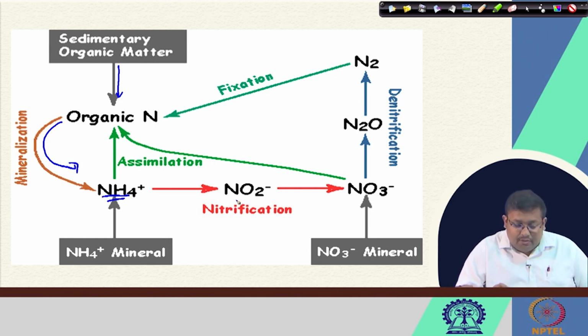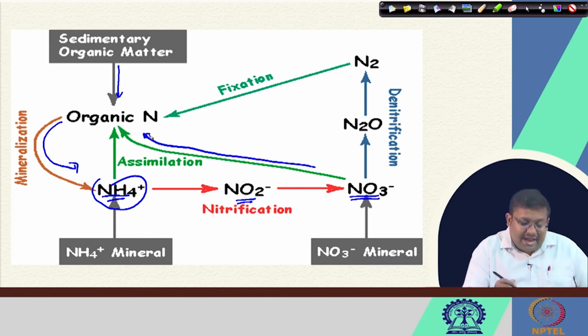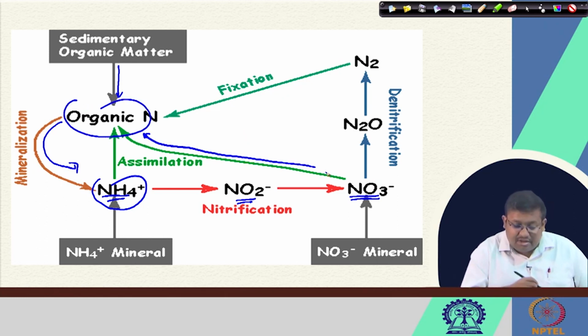This ammonium ion will go through the nitrification process and ultimately produce nitrate, and there are some ammonium-containing minerals which will enclose these ammonium ions, and there are some nitrate minerals also. Anyway, this nitrate will be assimilated by the plant, and ultimately converted again to organic nitrogen from this inorganic nitrate.